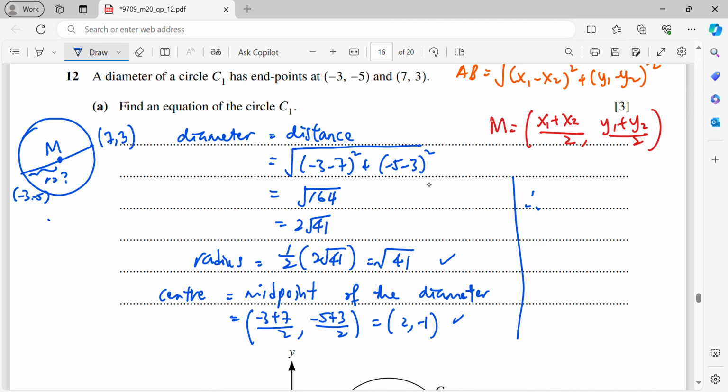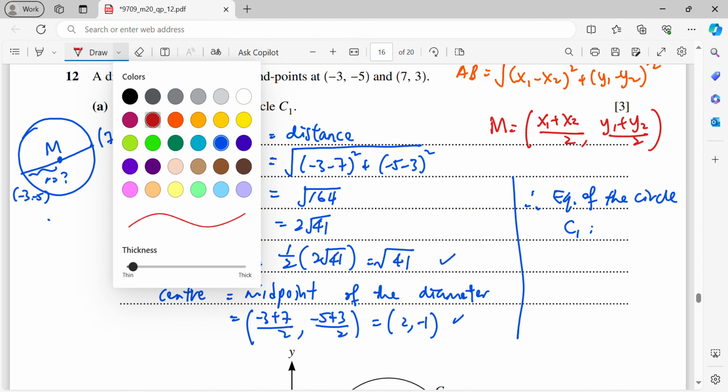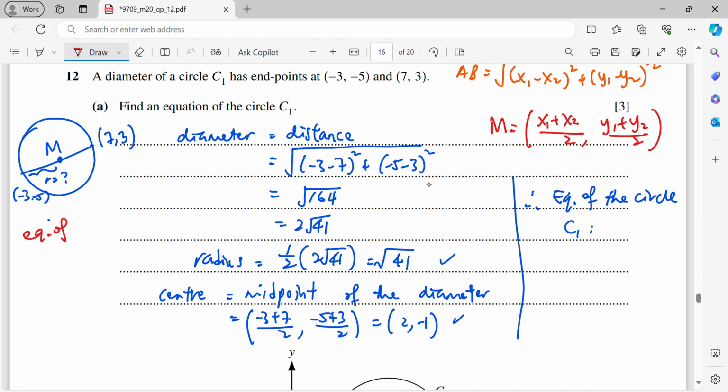Therefore, I will just write here equation of the circle C1. Okay, now for your information, equation of circle with center a, b and then radius r, that is x minus a squared plus y minus b squared equals to r squared.